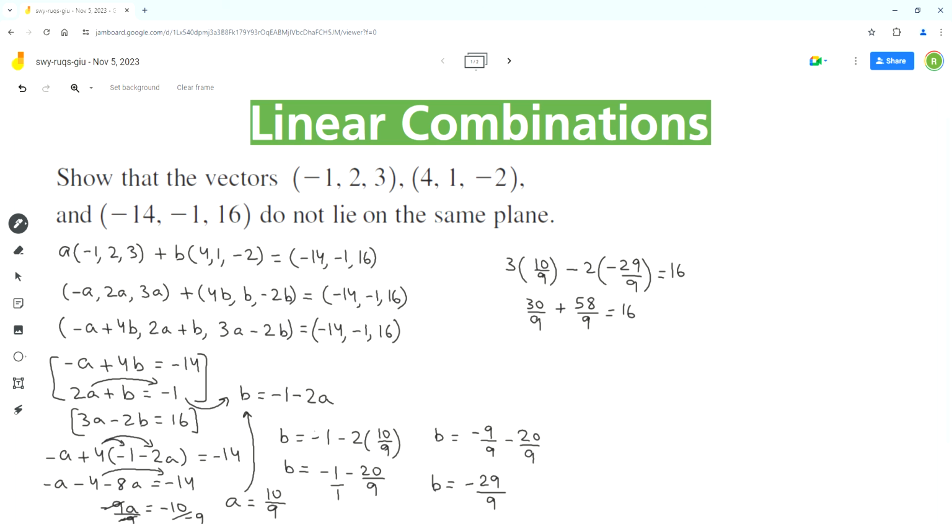Now we can add these fractions. So 30 plus 58 is 88. Now 88/9 or 88 divided by 9 is not equal to 16. So I get 9.78.